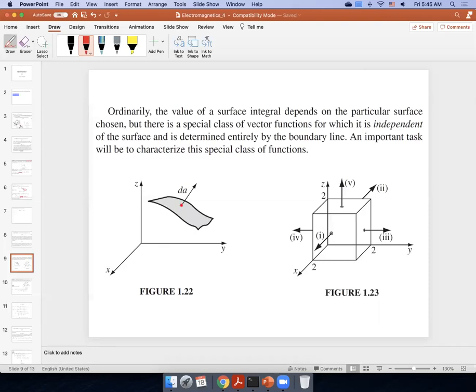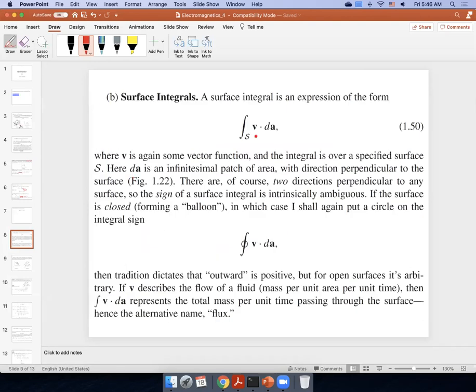And if you calculate the function v here, remember that this function is a vector function. It has three components, vx, vy, and vz. You take the dot product v · dA, then you integrate over the entire surface. You will have the value of the whole surface integral.